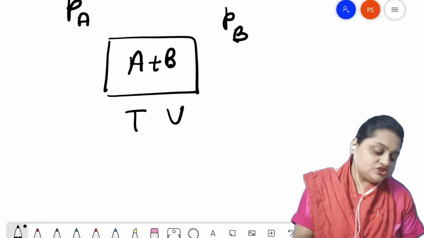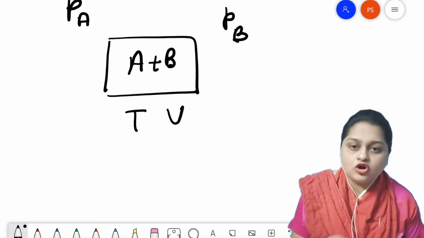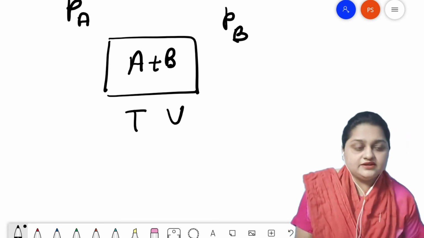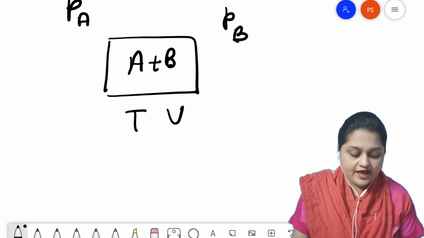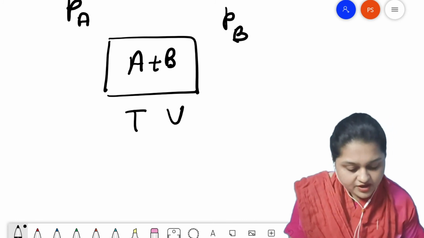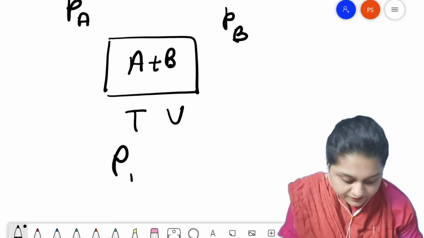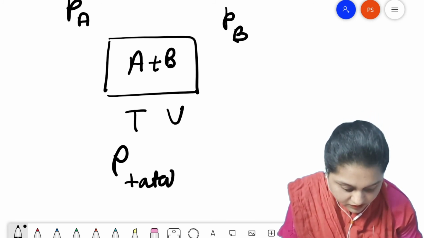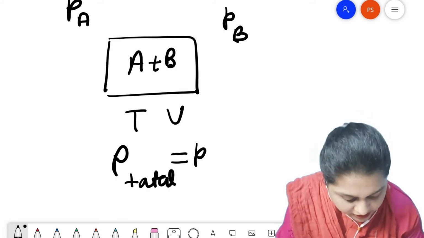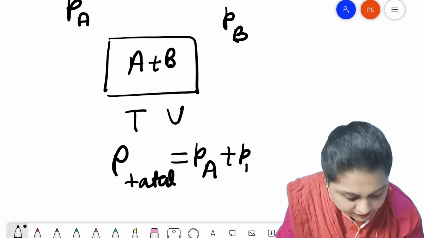So the gases that we are taking in this scenario, A and B, are non-reacting with each other, and we are mixing them into the third container having the same volume V at the same temperature T, and this will produce a total pressure of P, which will be equal to the summation of the partial pressures, that is Pa and Pb.